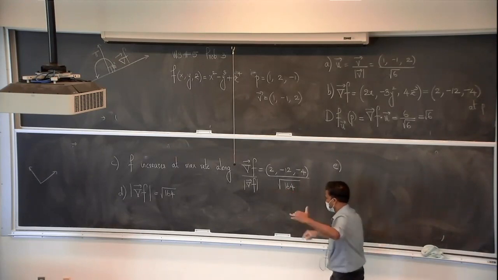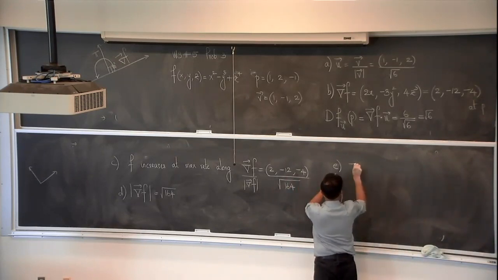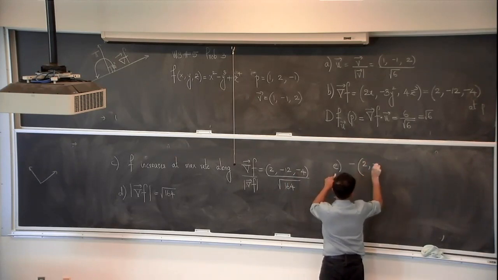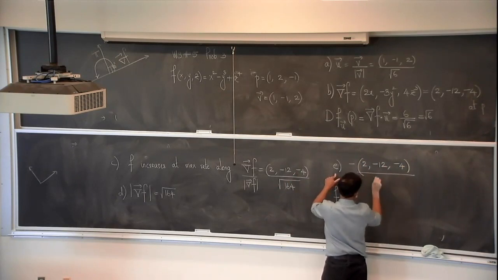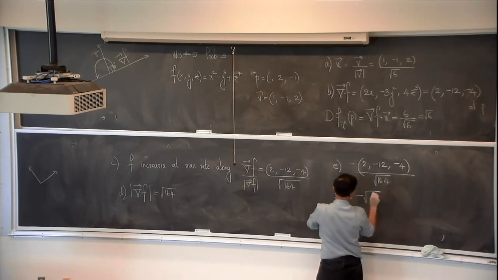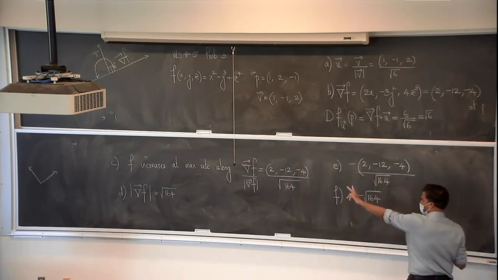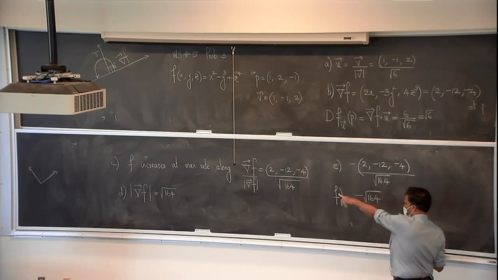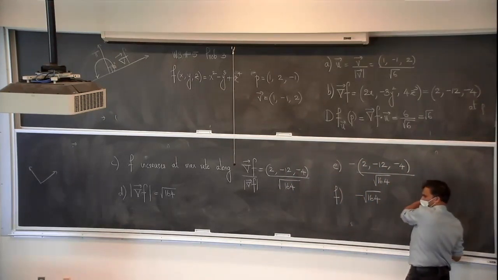So it's going to decrease the fastest in the opposite direction to this. Okay. So it's going to be the negative of (2, negative 12, negative 4) divided by the square root of 164. And this will be the negative square root of 164. Okay, that's the only difference between the direction of the fastest rate of growth and the direction in which you are decreasing the fastest.